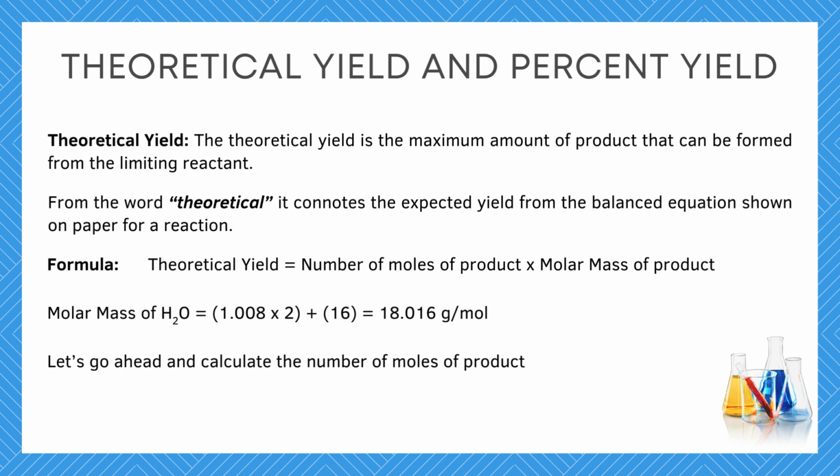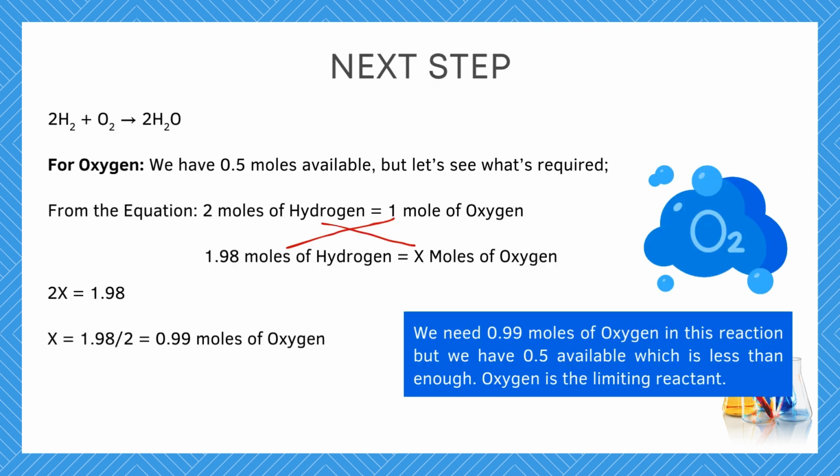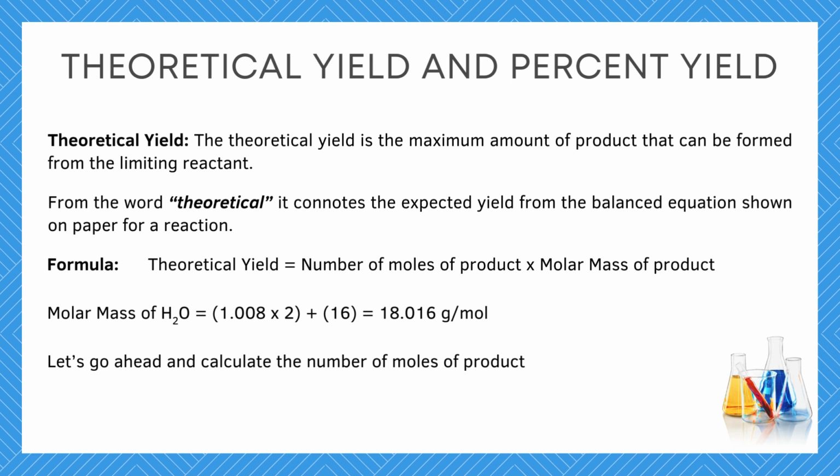Now, look at this. From the question that we just solved, looking for the limiting and the excess reactant, if we are asked what the theoretical yield is, we will have to use this formula: the number of moles of the product multiplied by the molar mass of product. What is the number of moles of the product?